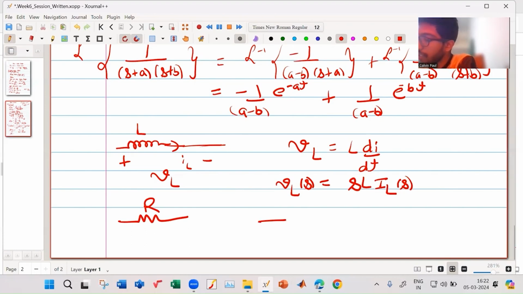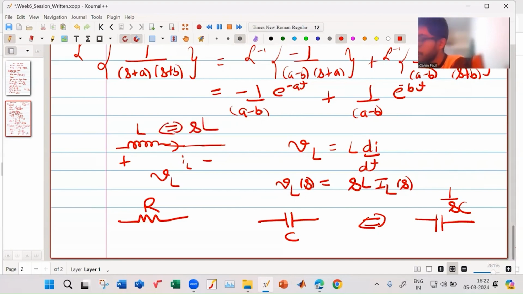But a capacitor gets replaced by 1 upon SC, and an inductor is written as S into L. So here VL of S equals SL into IL of S, if the initial condition is not taken.